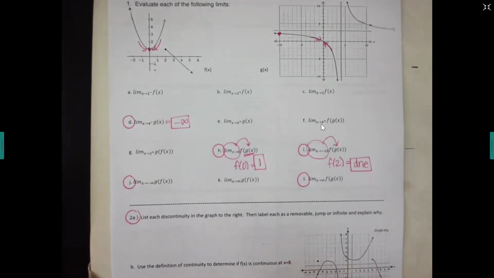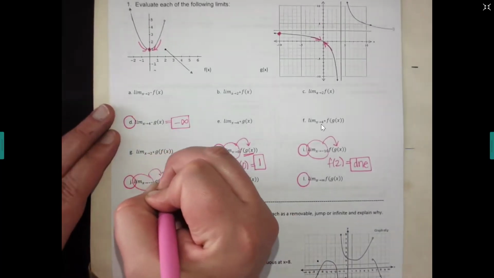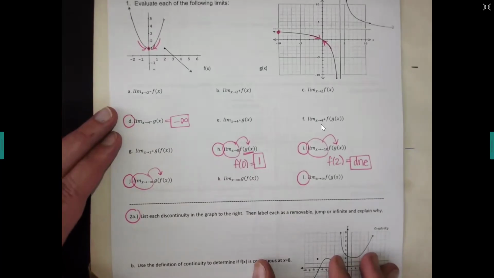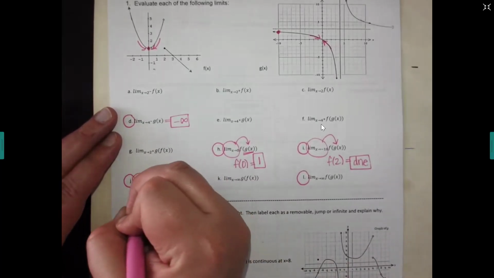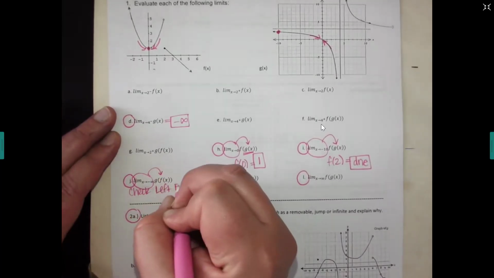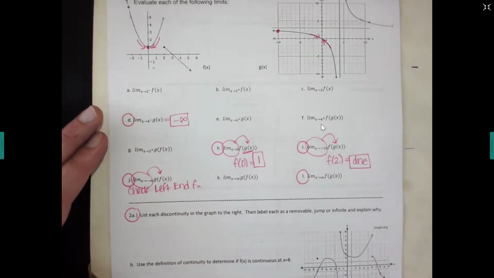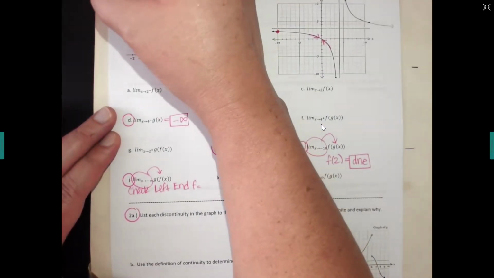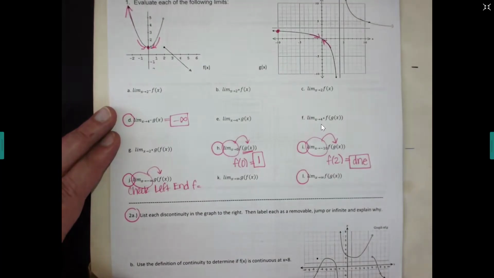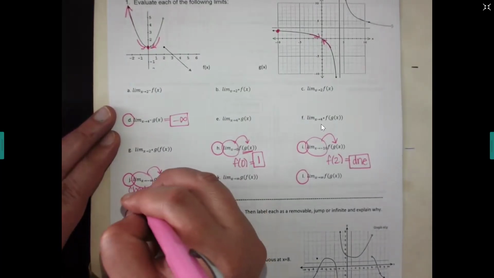Okay, next one for J, we're doing x approach minus infinity. Which end is that, left or right? Left end on f. Okay, so I'm going to check left end on f. And what is the left end of f's graph doing? It's going up to infinity. Then I would take infinity and plug that into g.